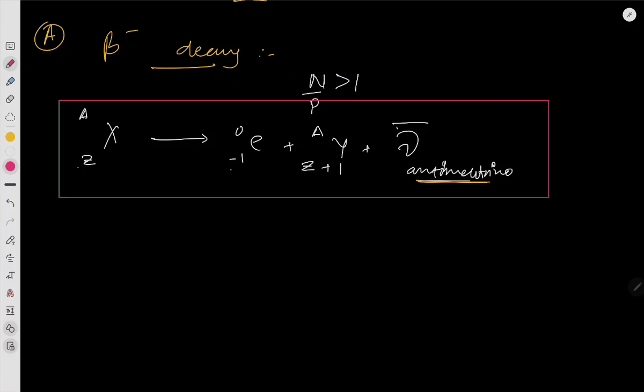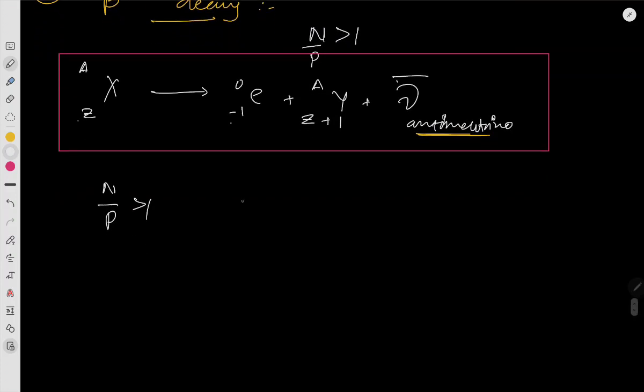So now let us just understand what just happened over here at this point. There's this z, then this is a minus 1, z plus 1. How did this take place? So the n by p ratio is greater than 1.